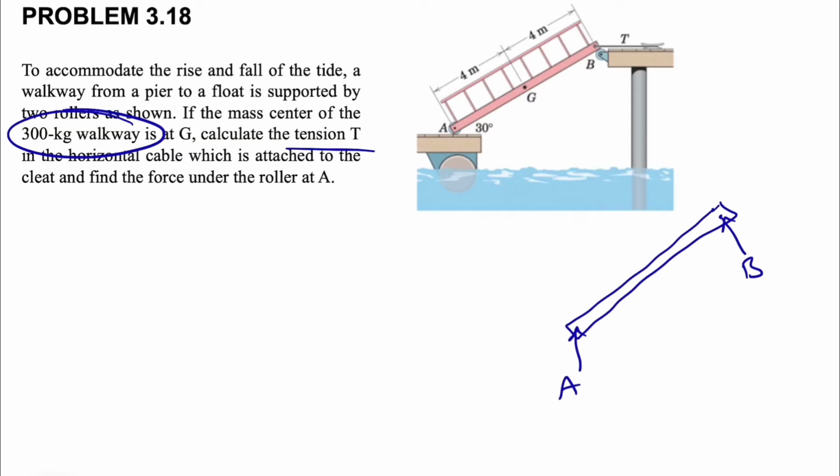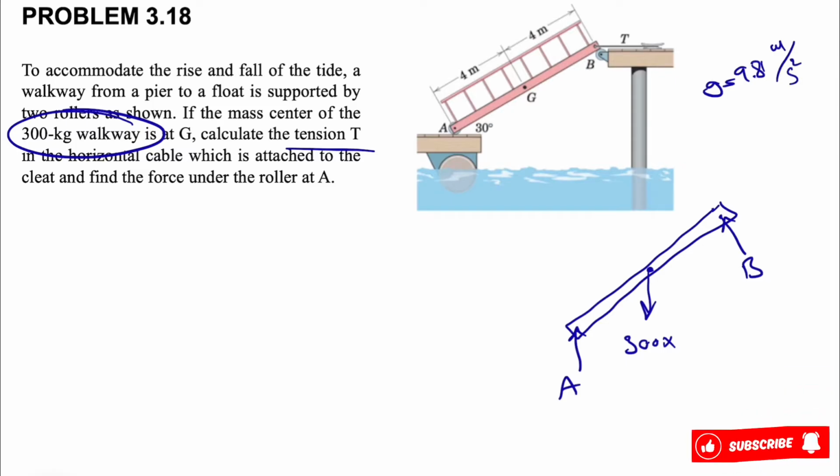We also have the weight of the walkway, which is mass times acceleration. We know the mass is 300, and we know g would be 9.81 meters per square second. So we have 300 times 9.81, that would be our weight in Newtons.